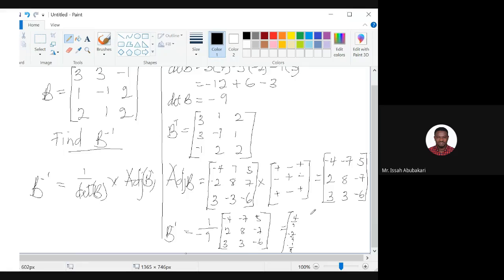And this side will be 7/9, -8/9, -1/3. The next one, -5/9, 7/9, and the last one will be 2/3, not minus. All right, so that will be the inverse.